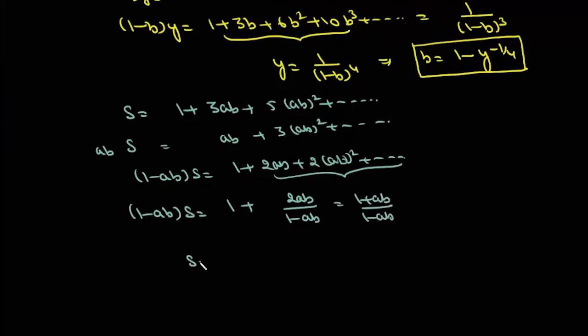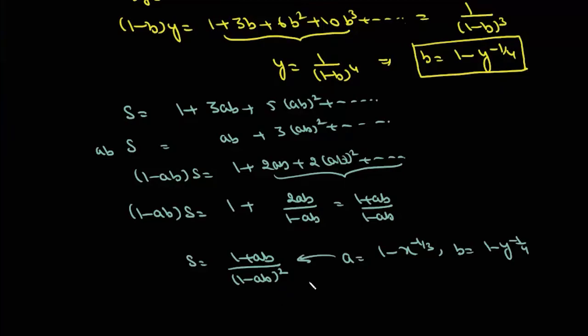We can write this as s equals 1 plus ab upon 1 minus ab whole square, where a is 1 minus x to the power minus 1 by 3, and b is 1 minus y to the power minus 1 by 4. If we put the value of a and b, we'll get the value of s in terms of x and y, which is what we need to find in this question.